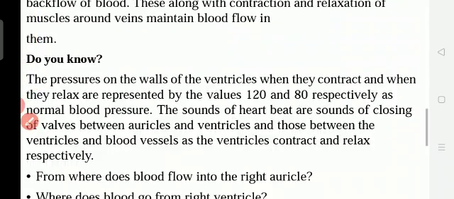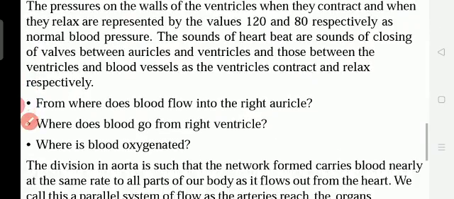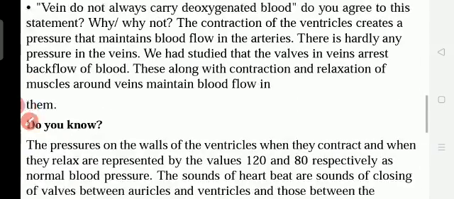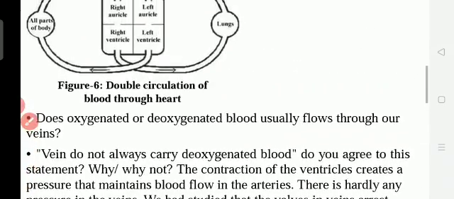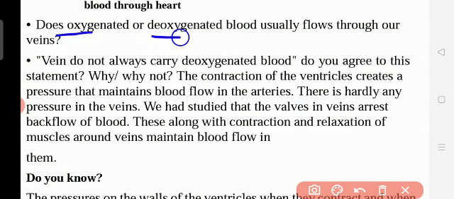In the other path, oxygenated blood is taken to all parts of the body, and there again deoxygenated blood is returned to the heart. The two pathways are shown in figure 6. You can write these two pathways in your own words. We can trace these paths from the heart.